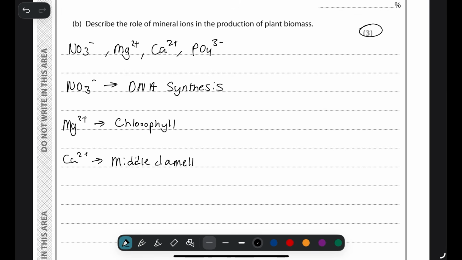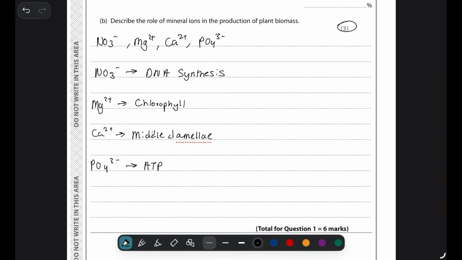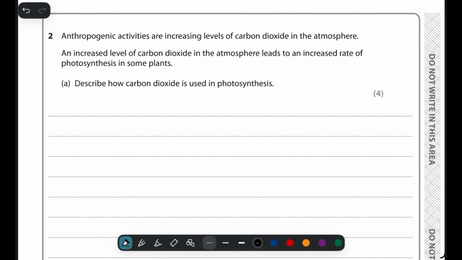And then phosphates as well, that's going to be like ATP and stuff like that. So make sure that you do know at least one use of all of these ions because they can ask the question.